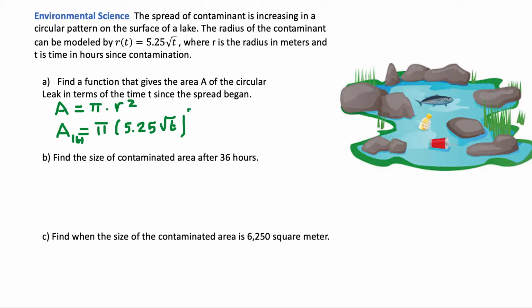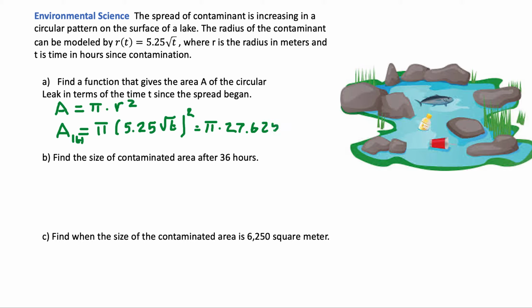After we square everything, we get the area equal to pi times, and when we square 5.25, it gives us 27.625t.